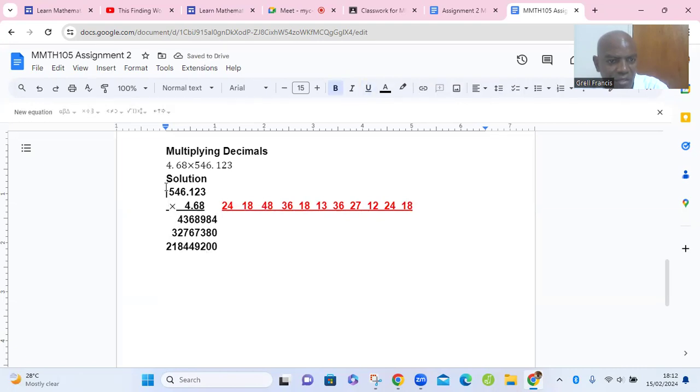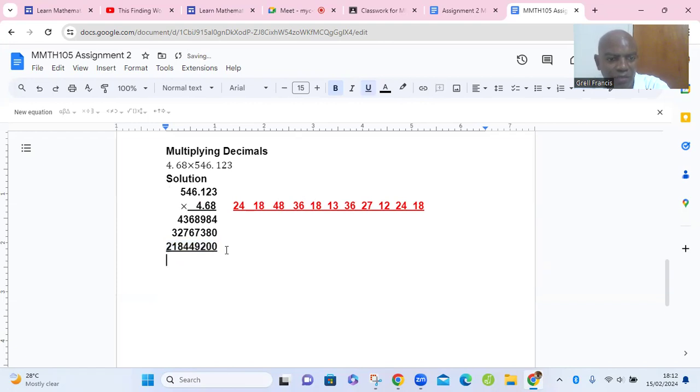And then we're going to add now. Just want to make this setup right. So there we're going to put the line because we're going to add.